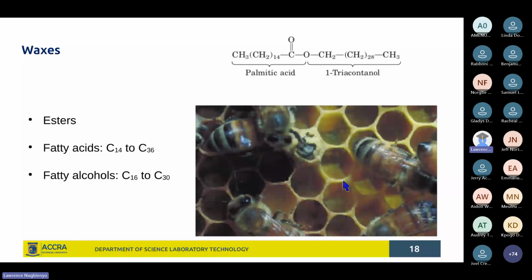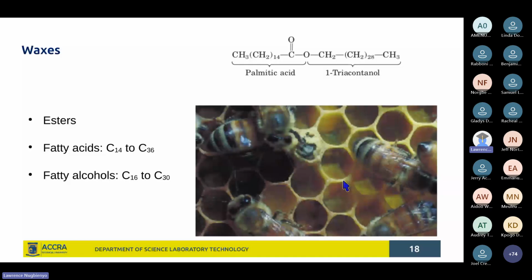If you go to the automobile industry, they do use bee wax to do polishing of the vehicles when they are putting them in the showrooms. You have polishing of these vehicles with waxes. It will shine before, so as to attract you to buy them.